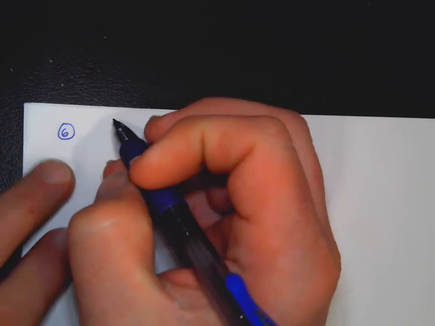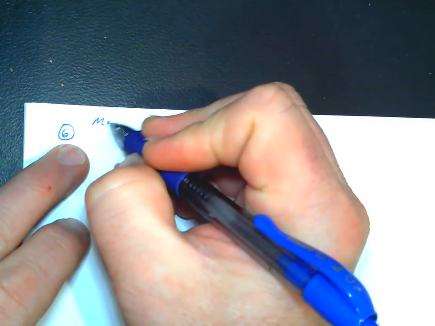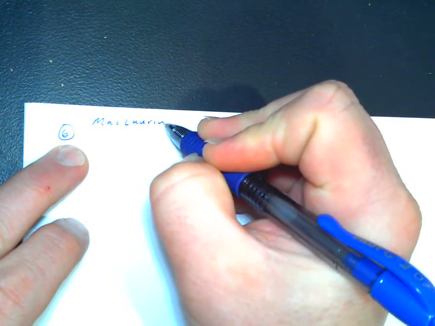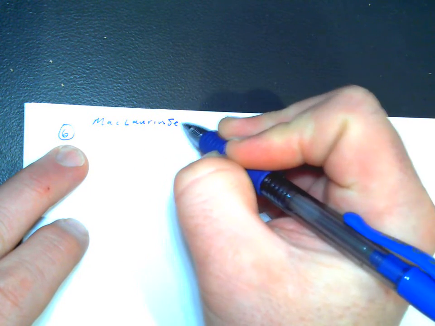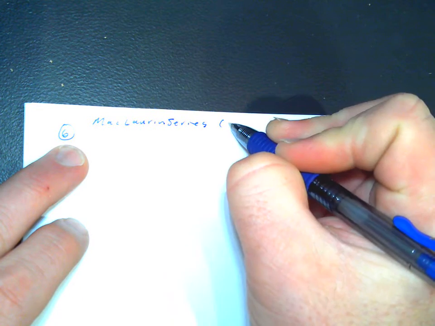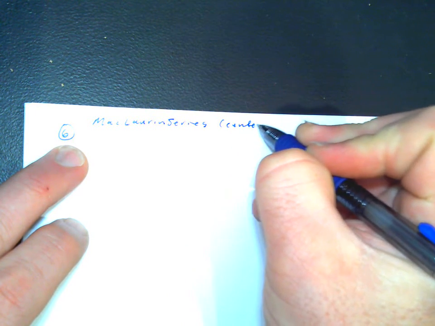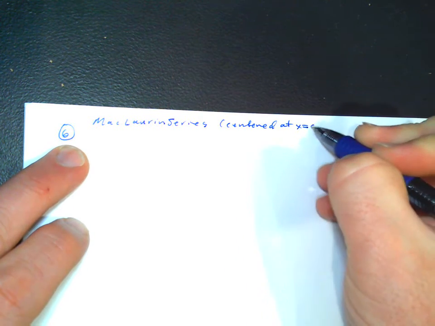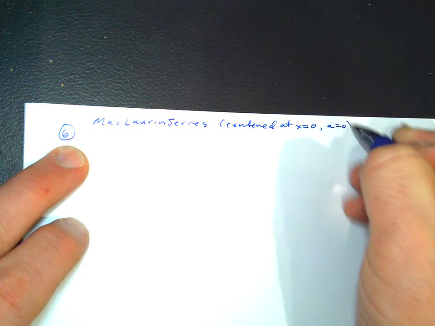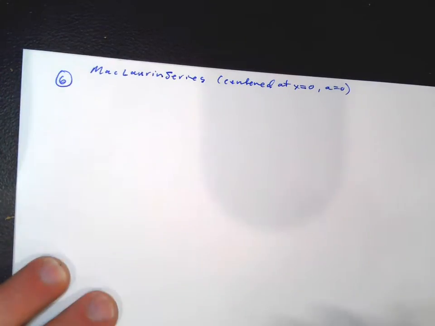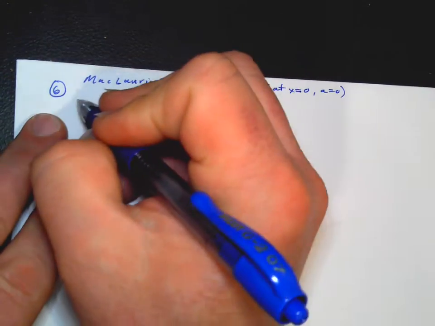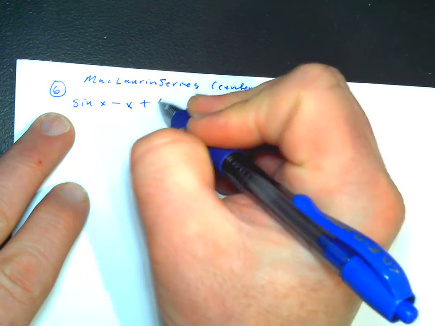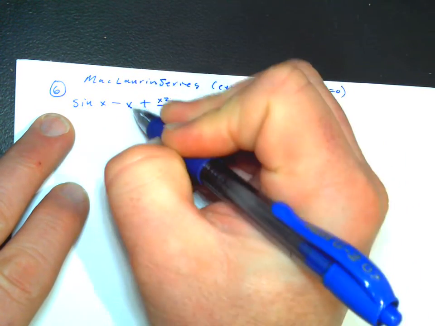So trying to find the Maclaurin series, which is just a Taylor series centered at, they either say x equals 0 or they say a equals 0. Okay, so number 6 says sine x minus x plus x squared over 2 factorial.